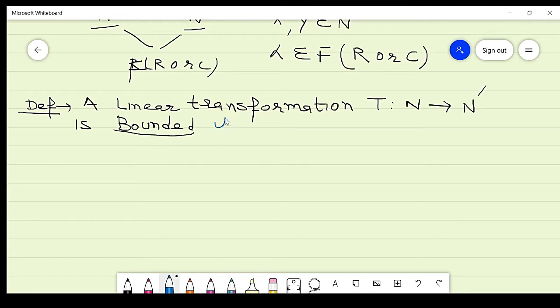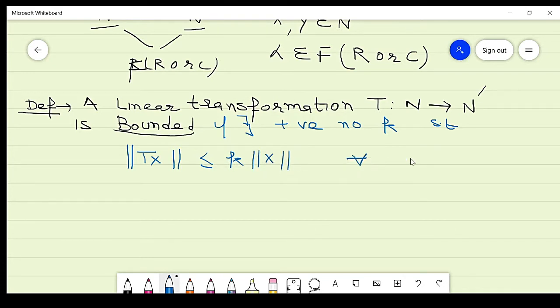Now if there exists some positive real number k such that it satisfies this property, norm of Tx is less than or equal to k times norm of x for every x belonging to N, right?